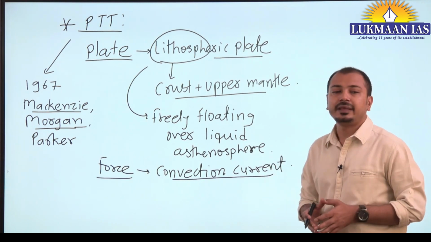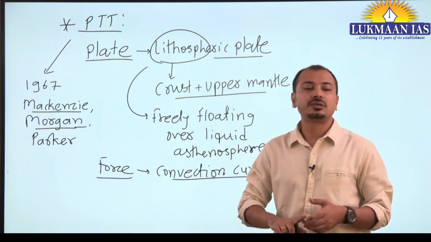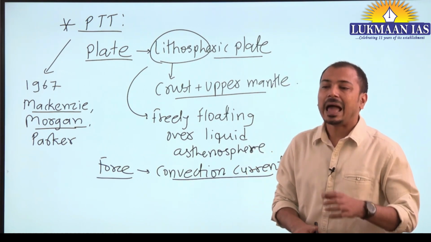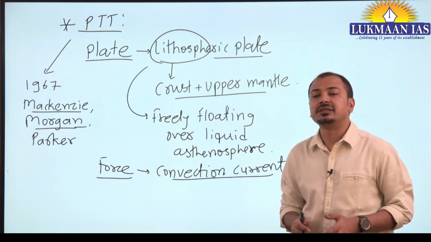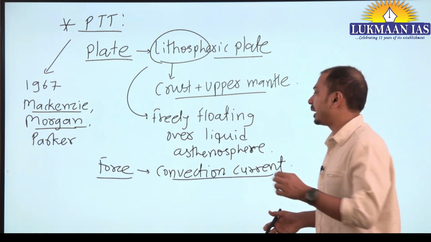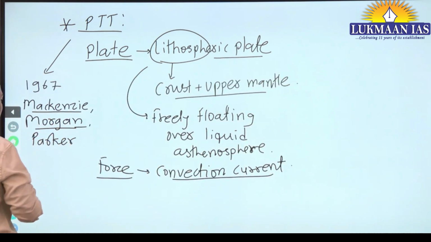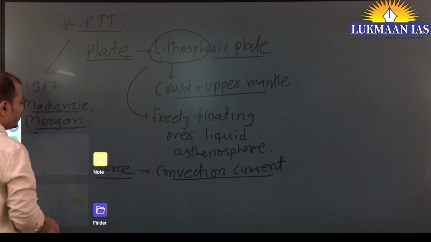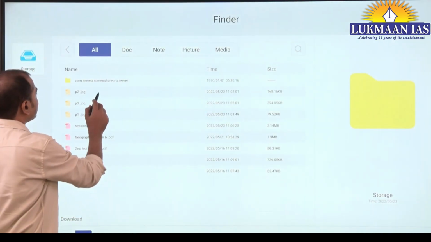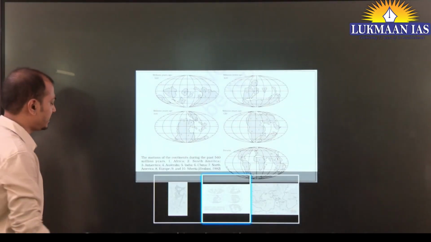Plate tectonic theory explains the distribution of volcanoes and the distribution of earthquakes. Along with that, it also explains mountain building. Now, according to PTT, how the continents moved throughout history, we should also know about this. This is given in NCERT.